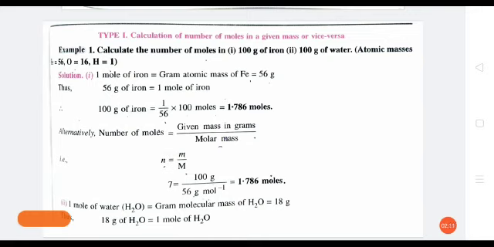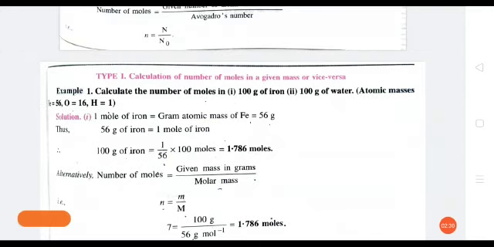Calculate the number of moles in 100 gram of iron, 100 gram of water. Atomic masses are given. Two methods are given. Any of you can use the first method or the second method. I think the second one is the easy one, so you will use this method.